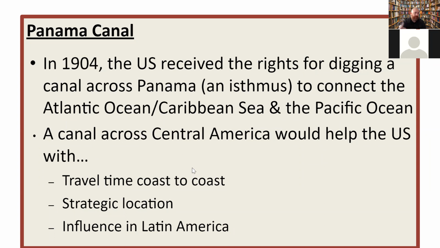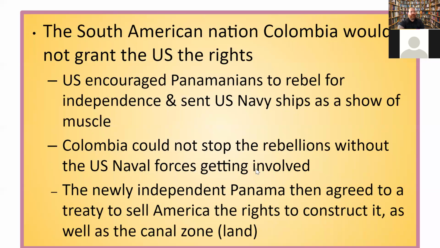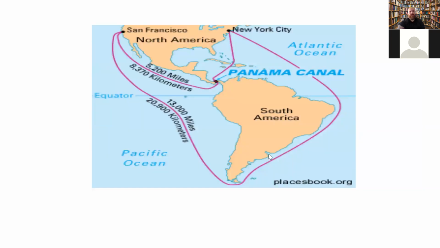And so we convinced them to give us this area in order to dig. And by convincing them, we helped them to rebel against our government, and then the government that we install gives us this access. And as you can see, it's a pretty significant savings of time, right?